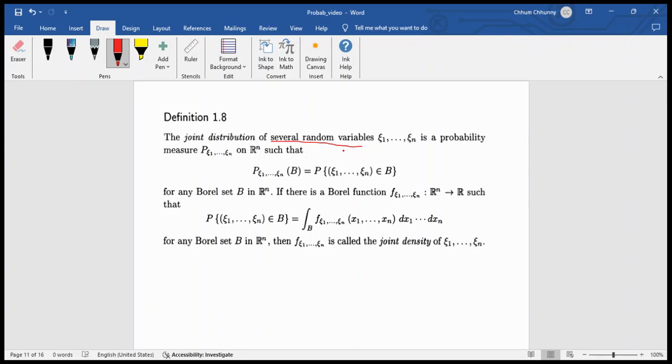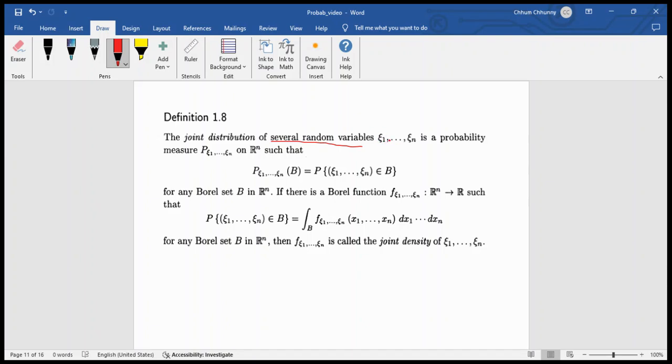In the previous video, we talked only about a single random variable, but in this case, we have several random variables, where the number of random variables is more than or equal to 2.